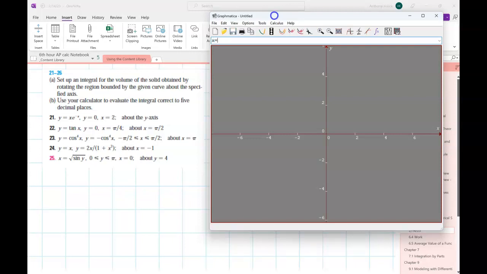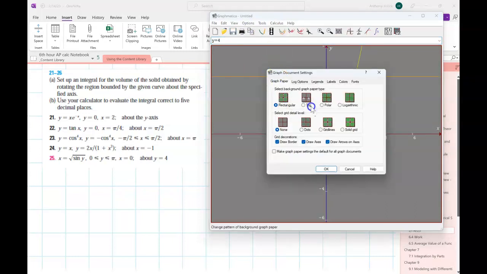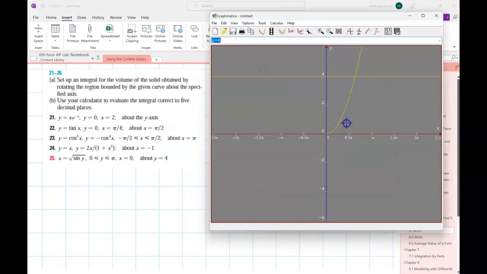All right. I'm going to use my program here to draw my picture. And I should have picked the trig. So 0 to pi ends right about there.